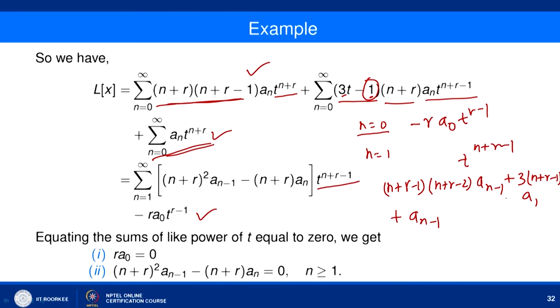If you calculate, you take n plus r minus 1 out, then it is n plus r minus 2 plus 3. So we will get n plus r plus 1.